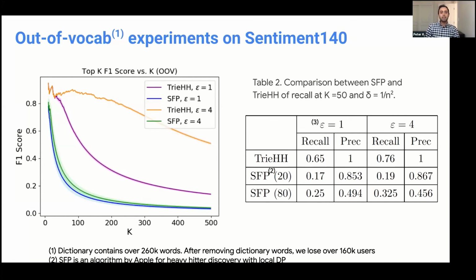And I can compute the F1 score, which is a geometric weighting between precision and recall, of how accurately I can discover these top words. And as you can see, with strong DP guarantees, TrieHH performs really well for the top almost anywhere between 100 to 200 words, whereas sequence frequency puzzle drops very sharply after 20 or so, 25 or so. And you can find a lot more results and details in our paper.